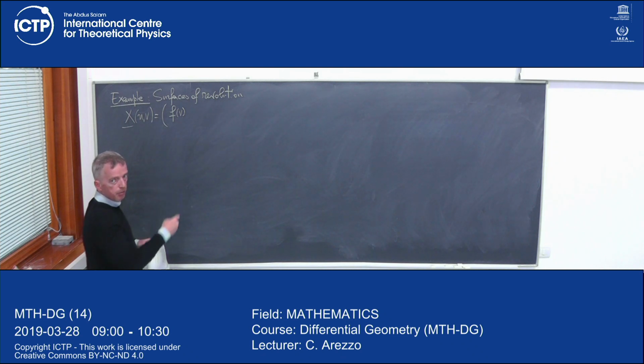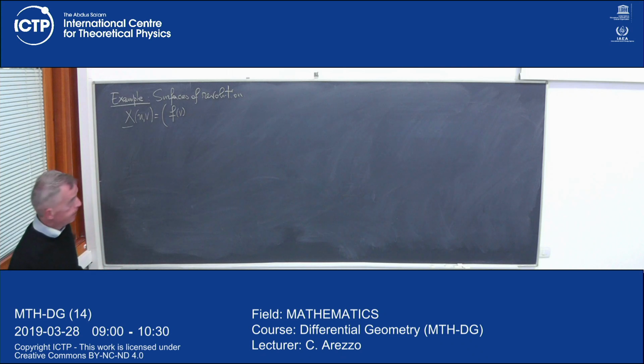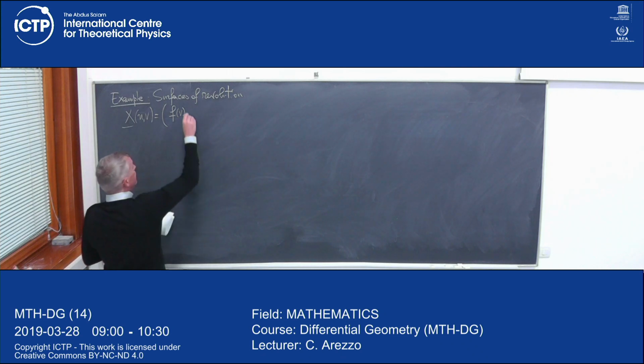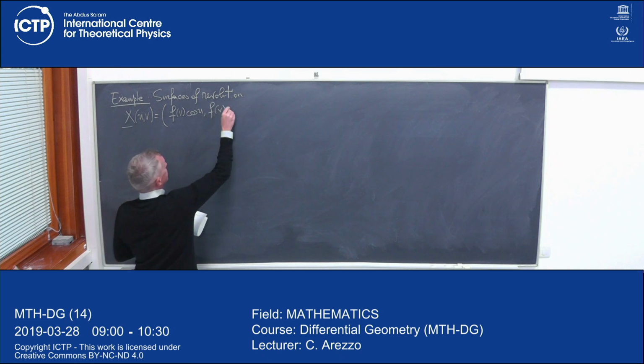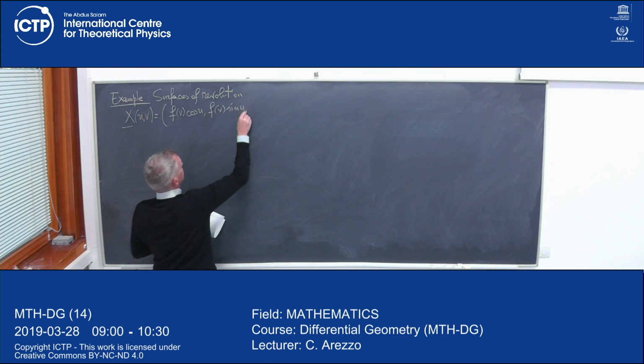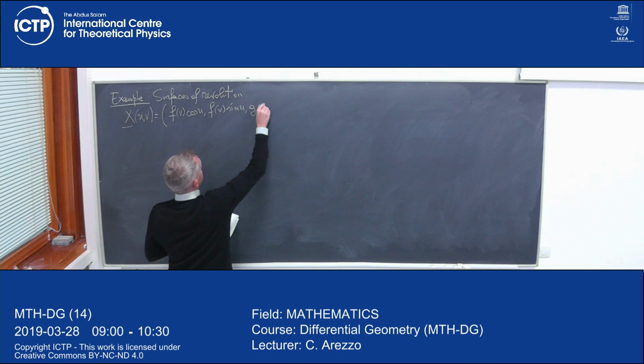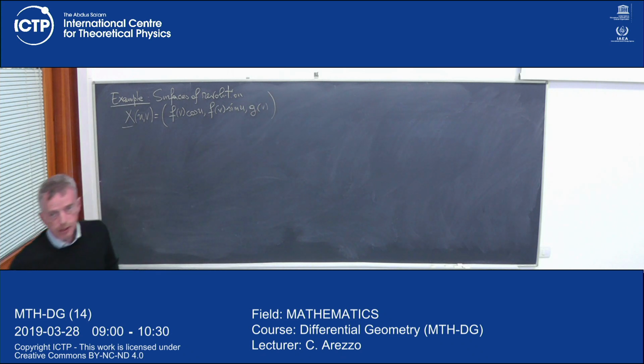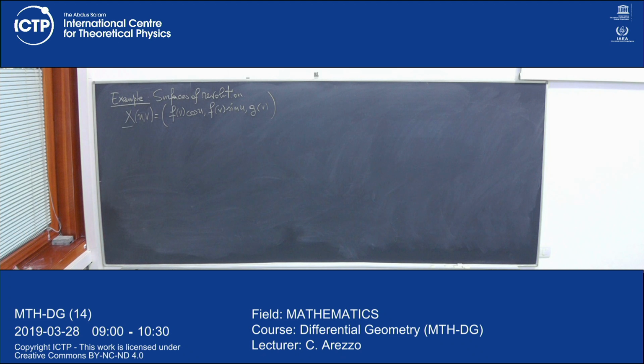So I'm doing exactly the opposite just for your fun. Okay. I'm taking the curve in the plane. And now, of course, by this I really mean that I should have some domain of definition of this object.